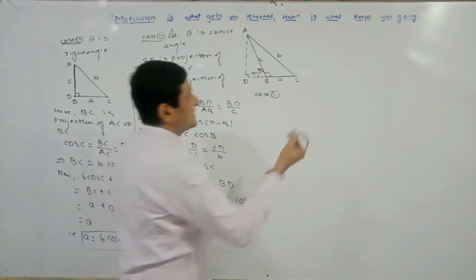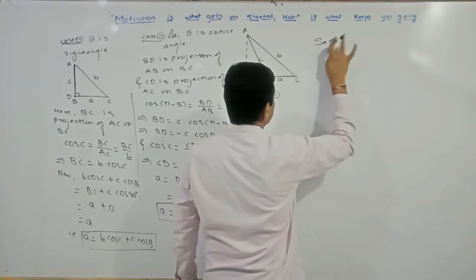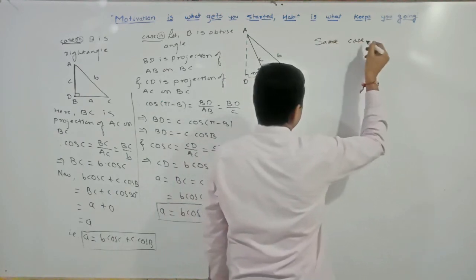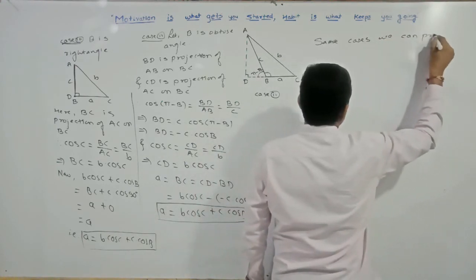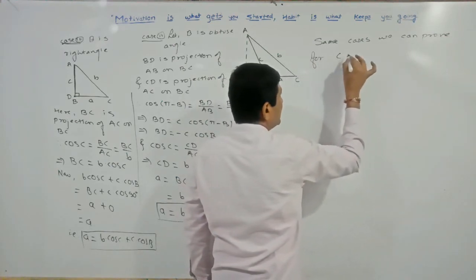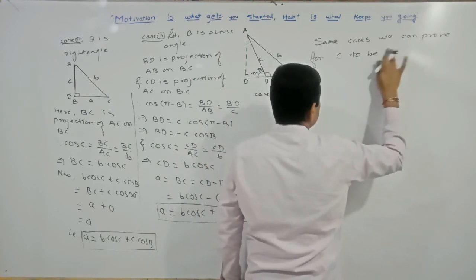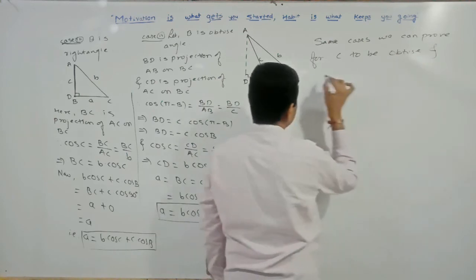So here we can say that the same cases we can prove for C to be acute, C to be obtuse and right angle.